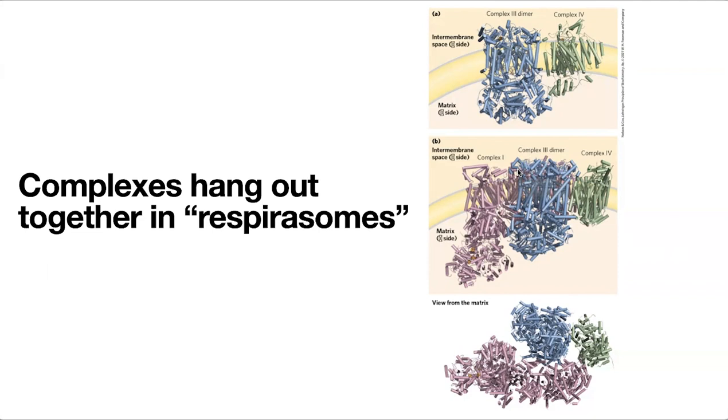This might remind you of when we talked about signal transduction, and we had multiple proteins in the pathway being kind of held together. One benefit of this was that it was then easier for things to find one another, more efficient. And another benefit in the case of the electron transport chain is that if the electrons kind of leak out, they can't get too far.